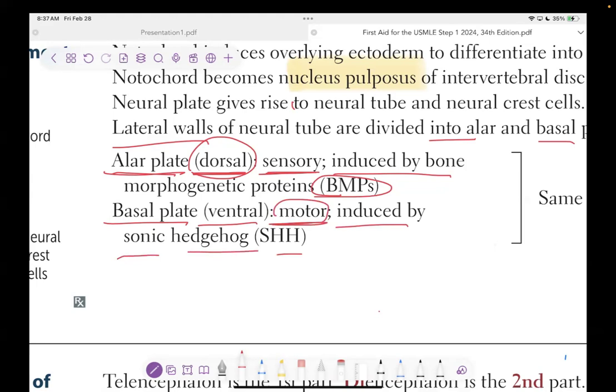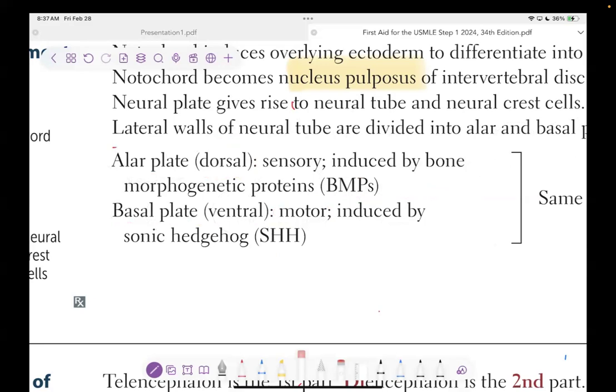Why is it induced by the sonic hedgehog gene? Because in the anterior part, the notochord is close to the anterior part of the brain and spinal cord in the embryo. That's why for the anterior or ventral development, or basal plate development, we have the sonic hedgehog gene from the notochord, and for the posterior or dorsal, we have BMP. How to remember this? Because we understood the concept, for memorization we need to make some mnemonics in order not to waste time remembering all the mechanisms.